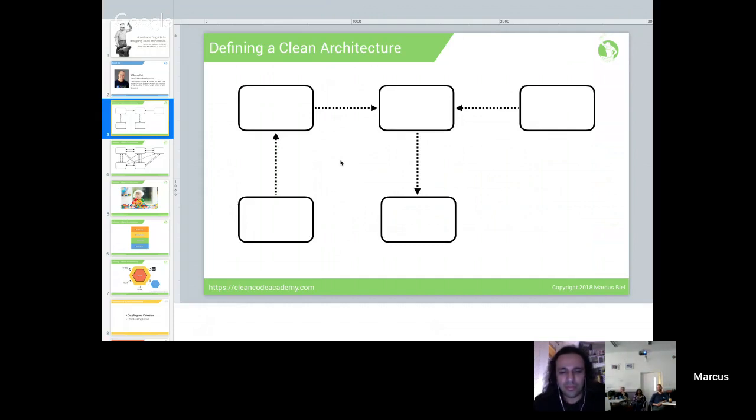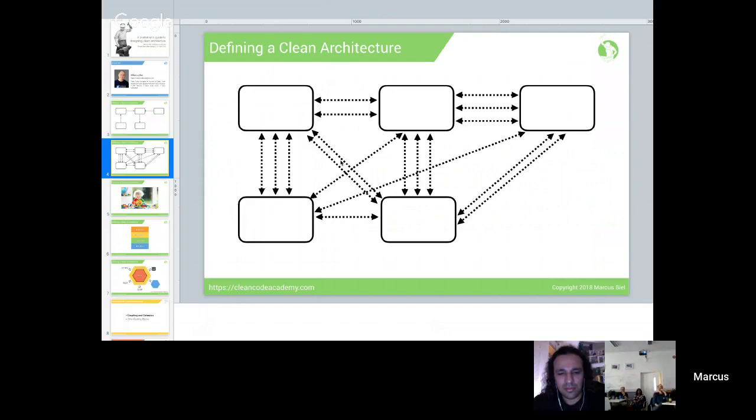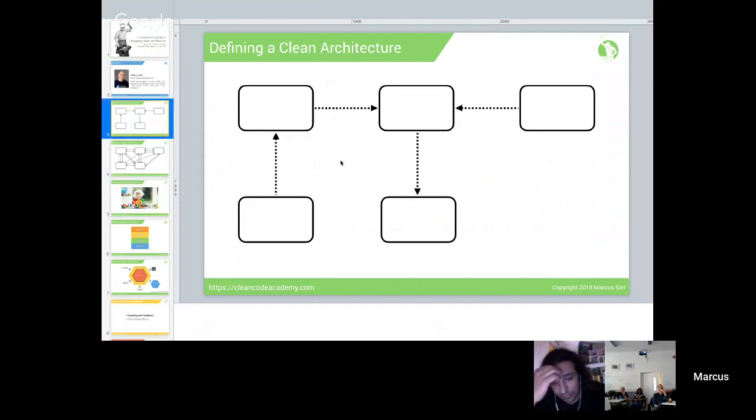Sooner or later, the architecture looks like this, because the architecture, as we intended it to be, was never technically enforced. That is one problem we have to get fixed, and I'll show you in the next slides how we can achieve that.